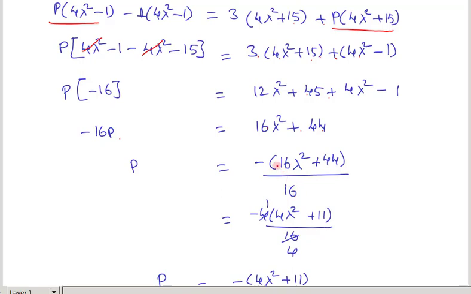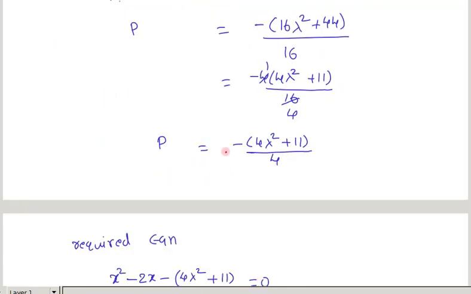Again, from the numerator, on taking 4 as common, this can be written as minus 4 of 4 delta square plus 11 by 16, and cancelling 4 fours, we get the p value as minus of 4 delta square plus 11 by 4.